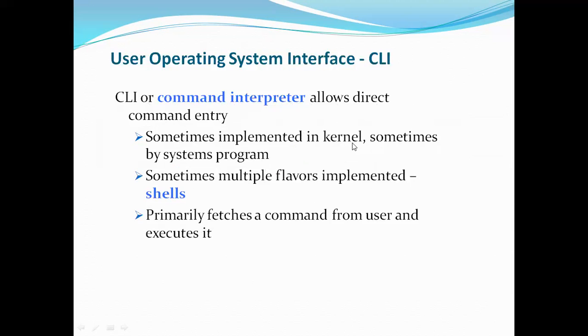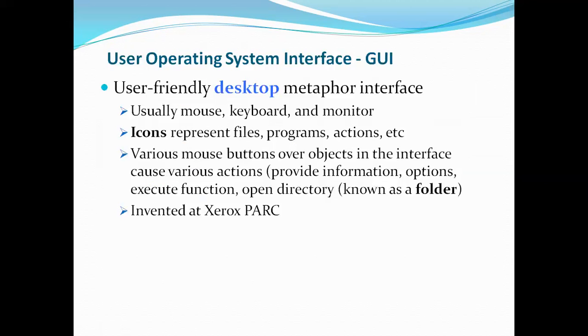Sometimes it is implemented in the kernel, sometimes by a system program, and it has multiple flavors of shell. Shell is the shell programming we have in the Unix operating system. Primarily it fetches the command from the user and executes it. So it is basically a command driven interface.